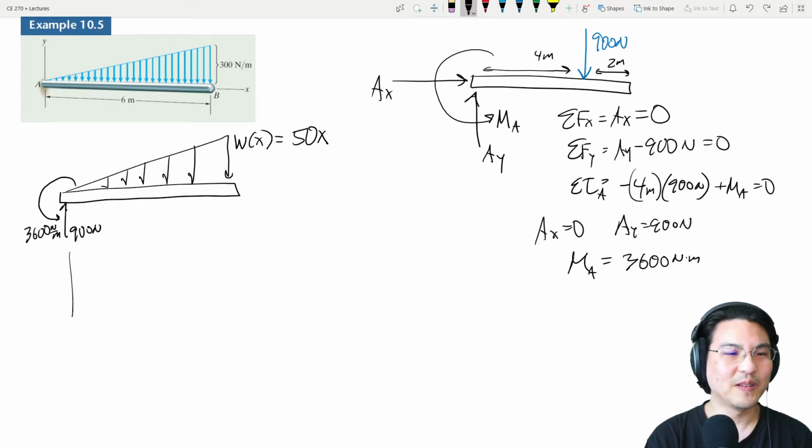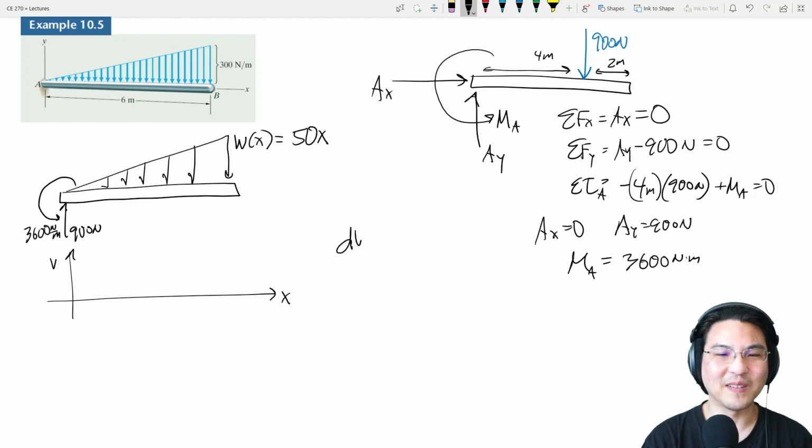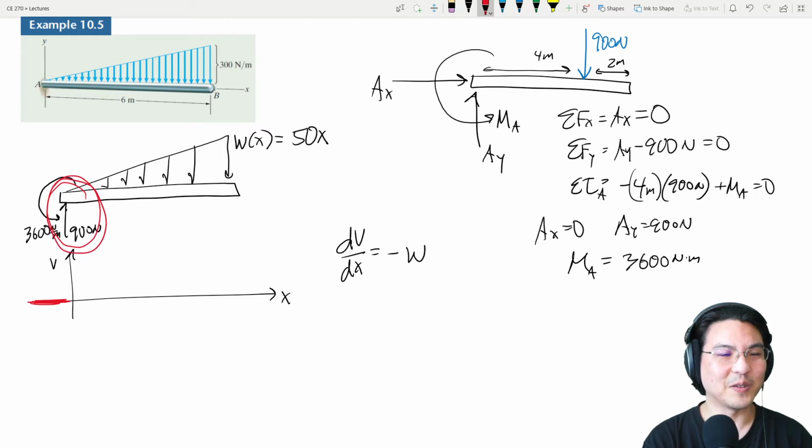Now let's solve for the shear and bending moment, but using the calculus way, where we know that dV/dx is minus w. So let's give it a try. If you're cutting the beam over here, there's no shear anywhere, right? We're not even at the beam, so it's definitely 0 over here. But then suddenly we encounter this 900 Newton reaction going upwards.